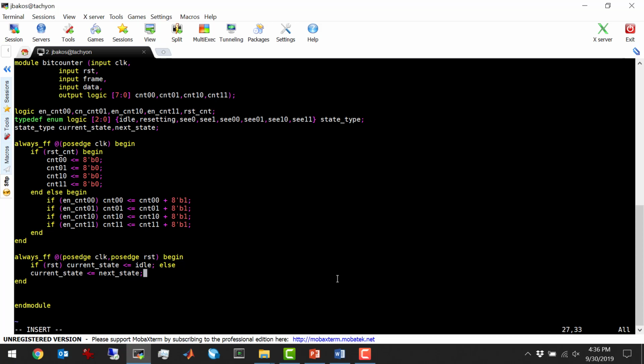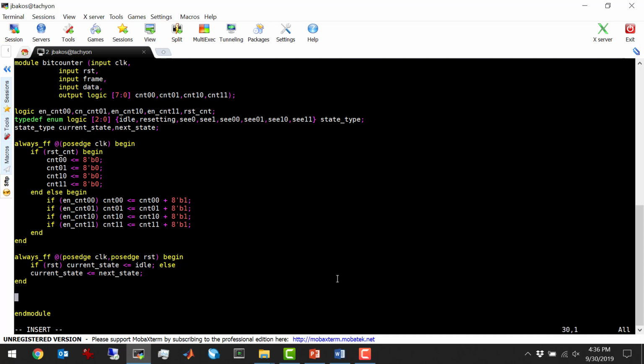Good? Everyone agree with that? Okay. So this is nice because this will only activate on the rising edge of one of these things. So if this activates and reset is not asserted, that means that the clock must have been the thing that activated it, and we must be on a rising edge, right?